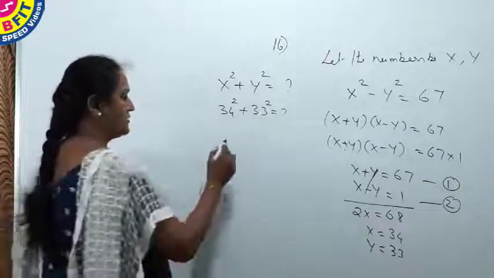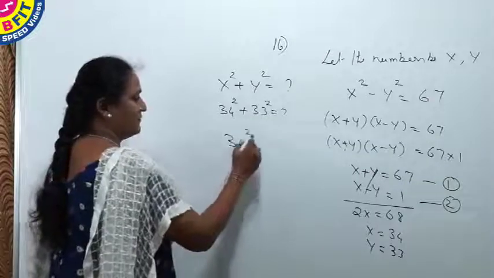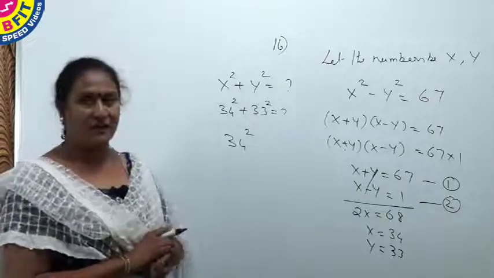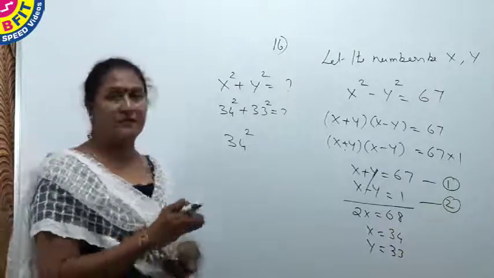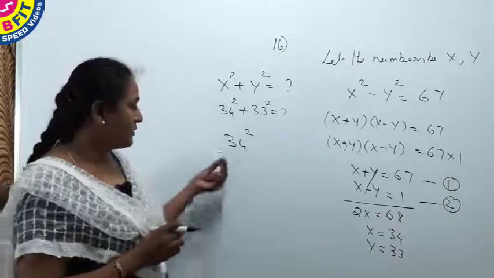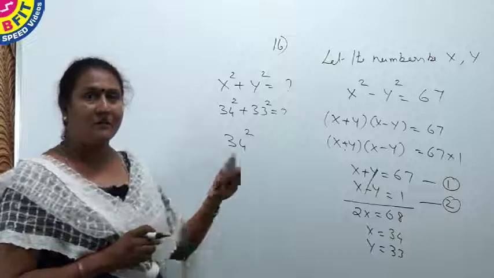And to find the squares, we have already seen this in speed maths, the concept of squaring a number. Using (a plus b) the whole square, a square plus 2ab plus b square, we can find the square of this number easily.